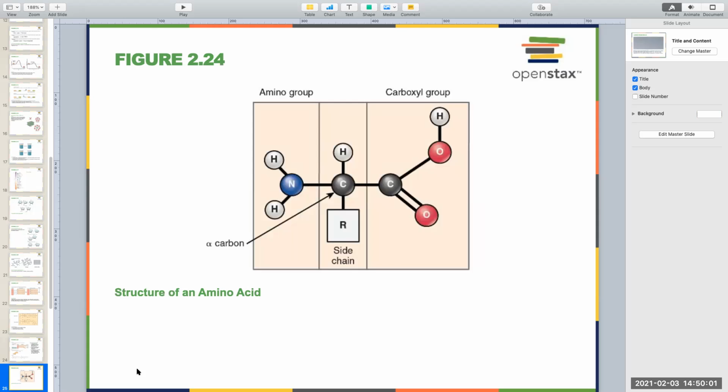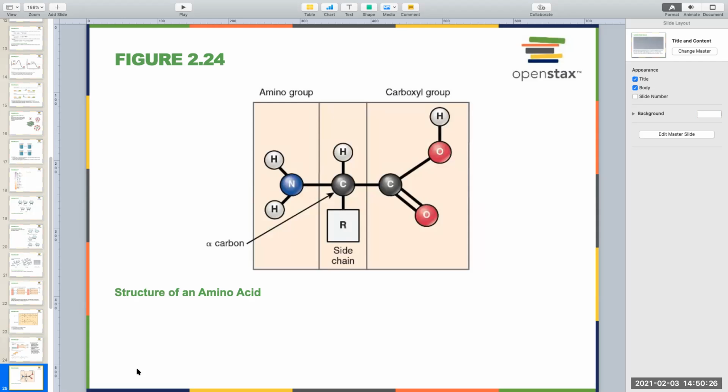Okay, next, let's move on to amino acids, which are the building blocks of proteins. Remember we talked about monomers and polymers. So the monomer for a protein is an amino acid. Amino acids are held together by peptide bonds.